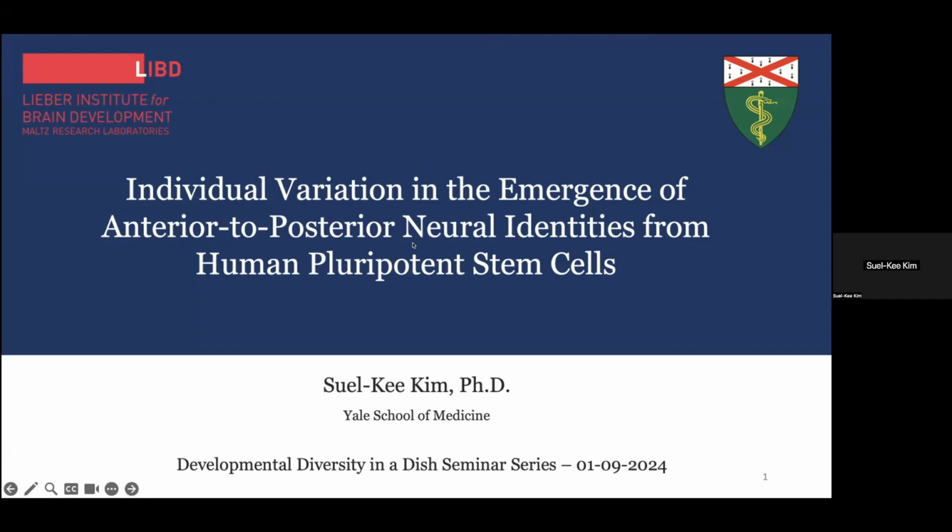I'm delighted to have this opportunity to present our work, which is focused on defining individual variation in human pluripotent stem cells during their early lineage specification. Many previous studies have defined the various genetic and epigenetic sources driving variation in multiple pluripotent stem cell lines.